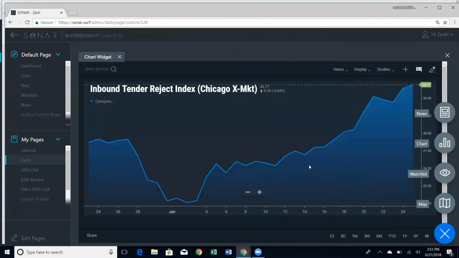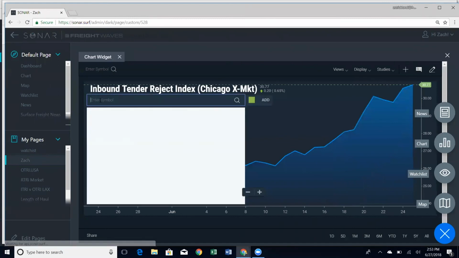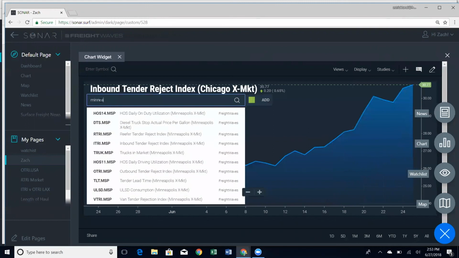And then from there, once you're in this chart function, you have the ability to do multiple things. As I'm sure you saw Zach show us, the compare function is right below the ticker name or the data set name. That same search symbol will pop up. And again, an easy way to, maybe you want to look at Minneapolis.